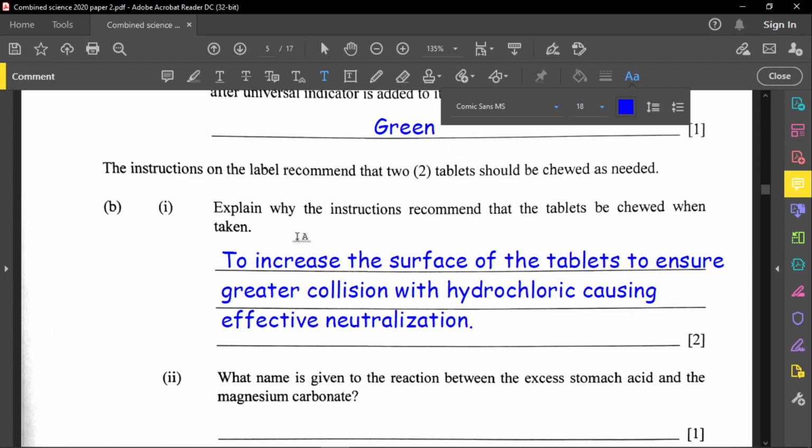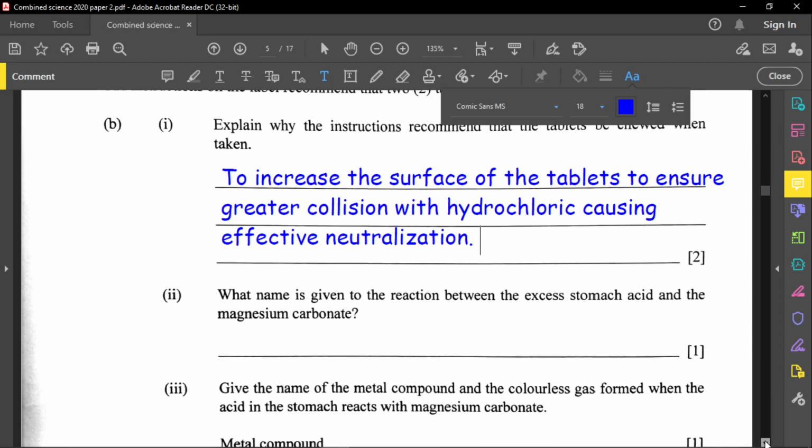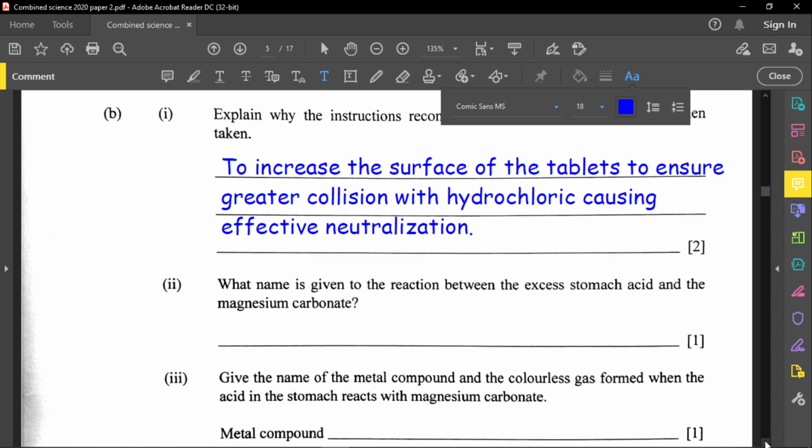Okay. All right, so great. So once you have more particles, the particles can react faster and better, and then it will neutralize it much easier. So what name is given to the reaction between the excess stomach acid and the magnesium carbonate?